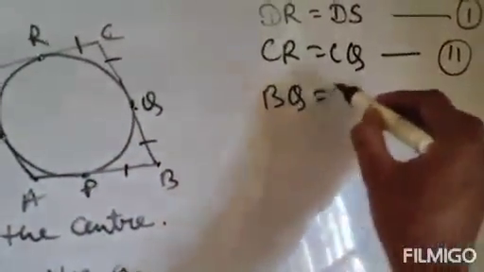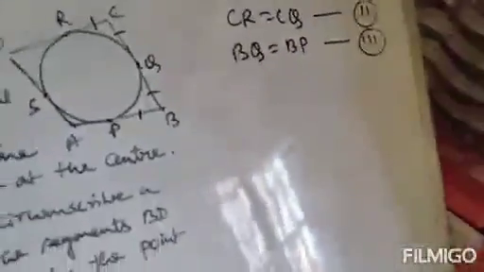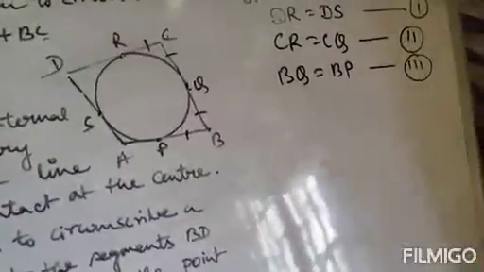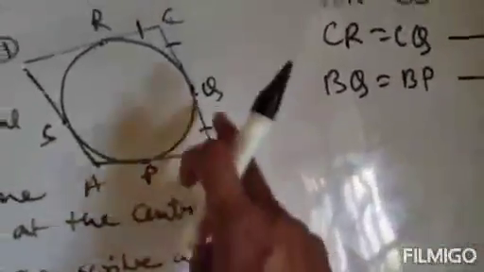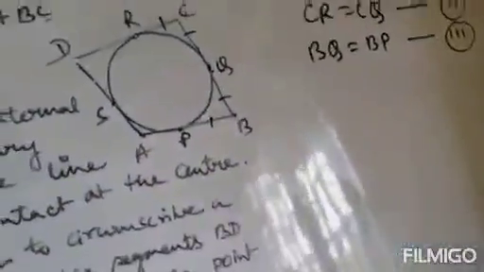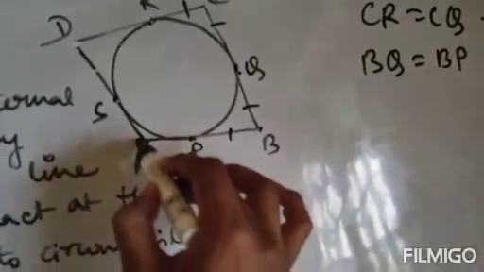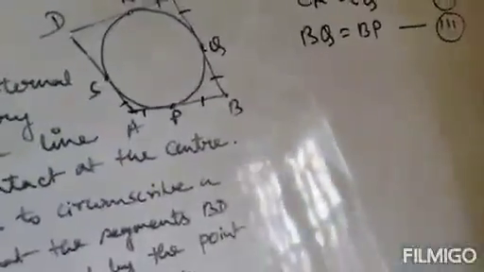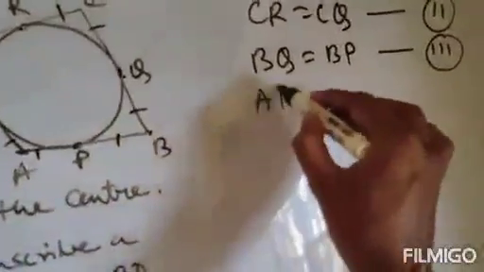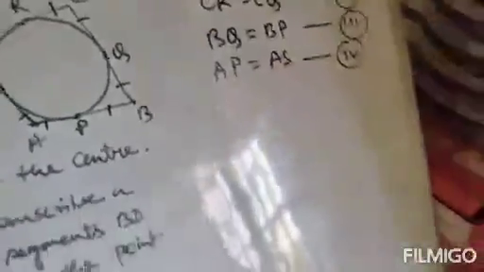BQ is a tangent and BP is also a tangent, so both the tangents will be equal according to the theorem. Next, A is the last external point, so AP will be equal to AS. That is equation number 4.